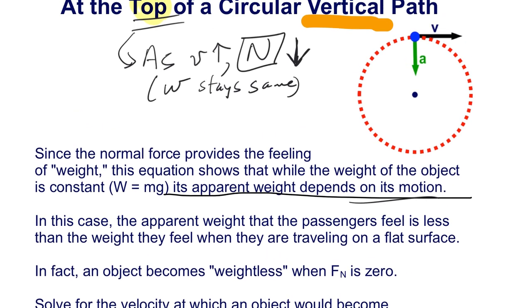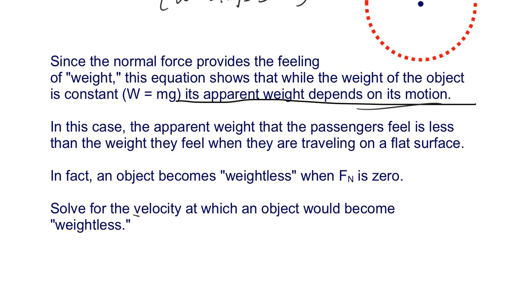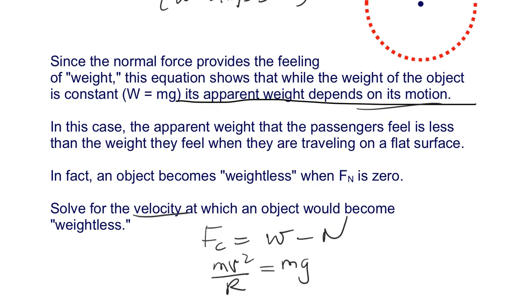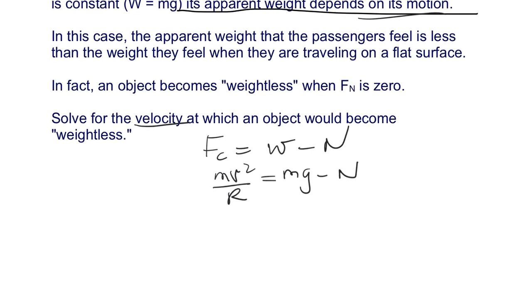So if I were to ask you to solve for the velocity at which an object would become weightless, well, let's use our equation. So Fc equals the bigger one, the true weight minus the normal force. So mv squared over r is what Fc is, equals mg minus n.